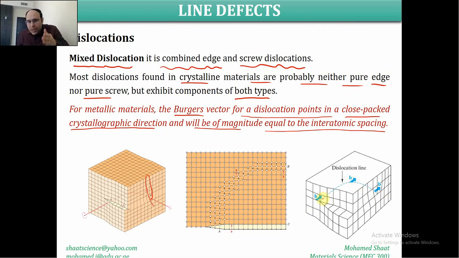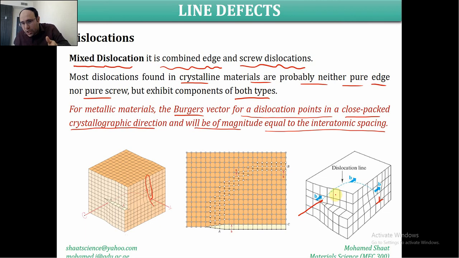Over this side, it should be parallel to the dislocation line, because this is the dislocation line in the case of a pure screw dislocation. So it should be parallel to the screw dislocation. Over this side, it should be perpendicular to the dislocation line of the edge dislocation.